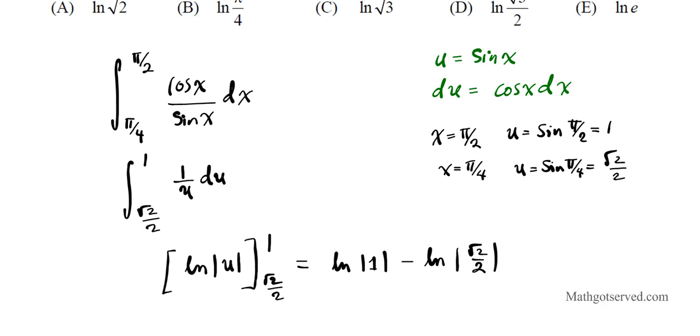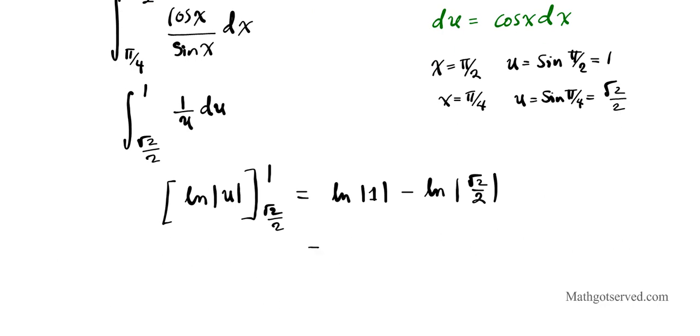Okay? Alright, now what does this become? Natural logarithm of 1 is 0, minus the natural logarithm of root 2 over 2. This is a positive number. If you take the absolute value, this is what you get. Alright? So that's basically equal to negative natural logarithm of root 2 over 2.